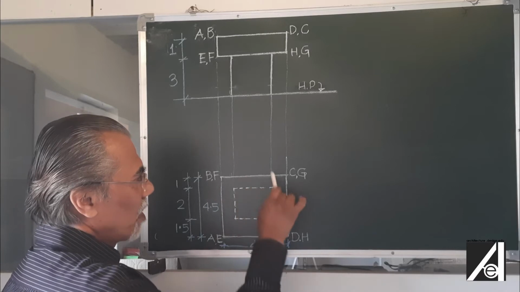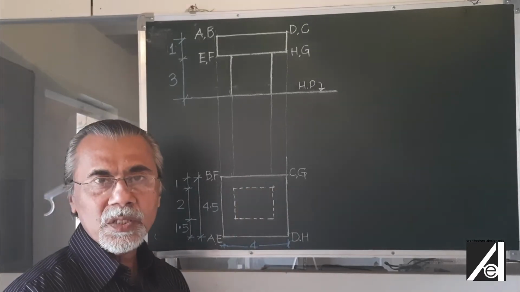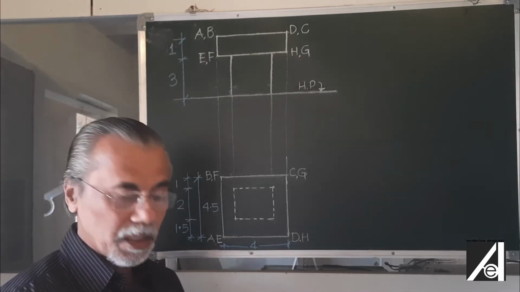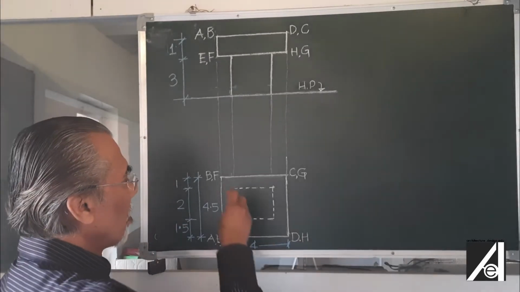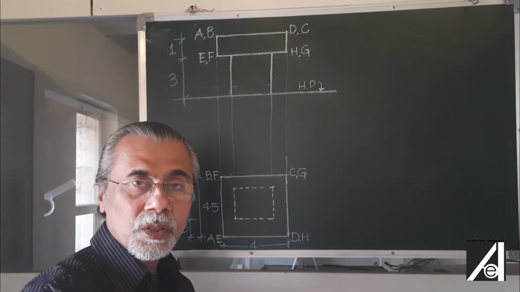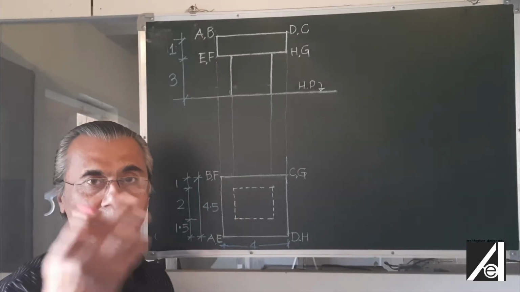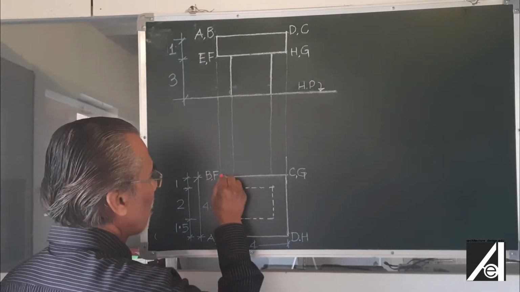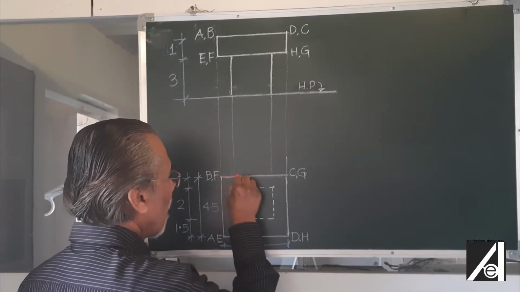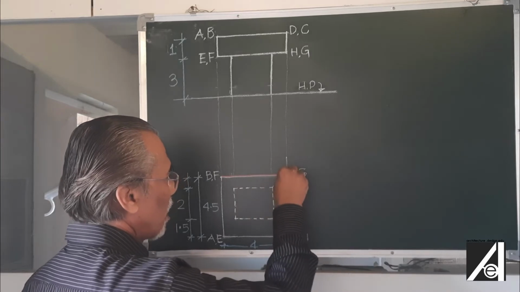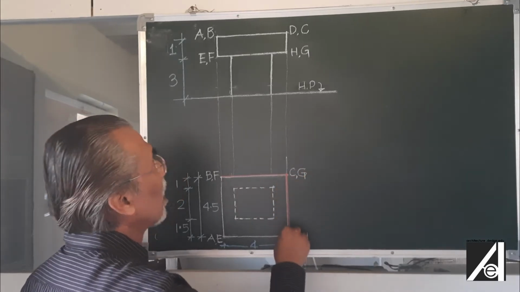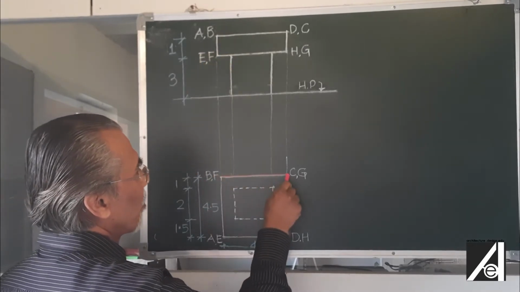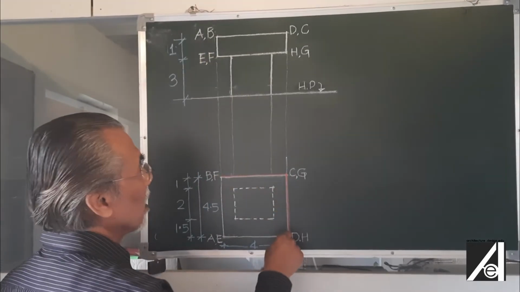Now the first step is to identify the edges which are going to give you the shadow, which are going to cut the light. So what are those edges? Try to recollect your knowledge from the previous exercise. So here I draw these edges, this at the top, these two edges. This means the edges BC and CD.